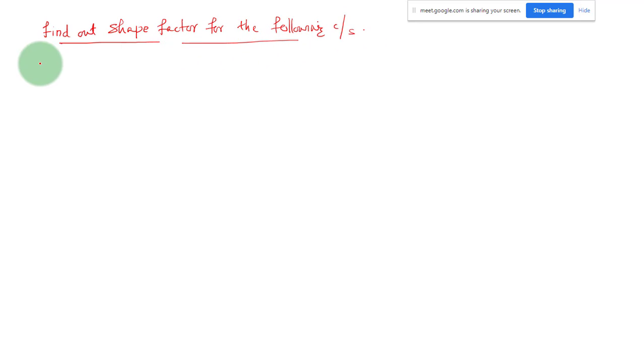First let us take a rectangular cross section. We have already done that. So this is the rectangular cross section, let us say, and the width is B and the depth is H.